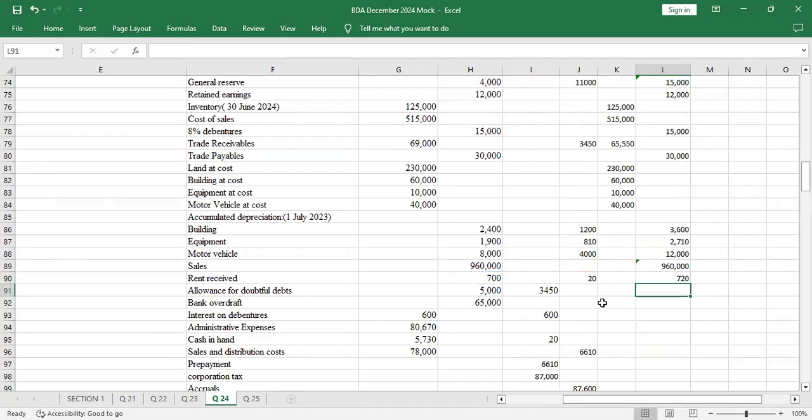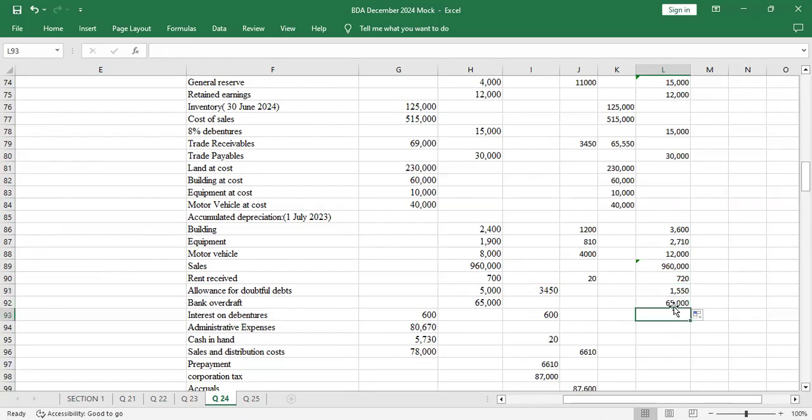Then allowance for doubtful debts, it's on the credit side. You see it was a reduction. Whenever there's a reduction, we'll credit. So we'll get the difference on the reduction on allowance for doubtful debt. That decrease is what we'll include here, the 1,500. Then bank overdraft is a liability.